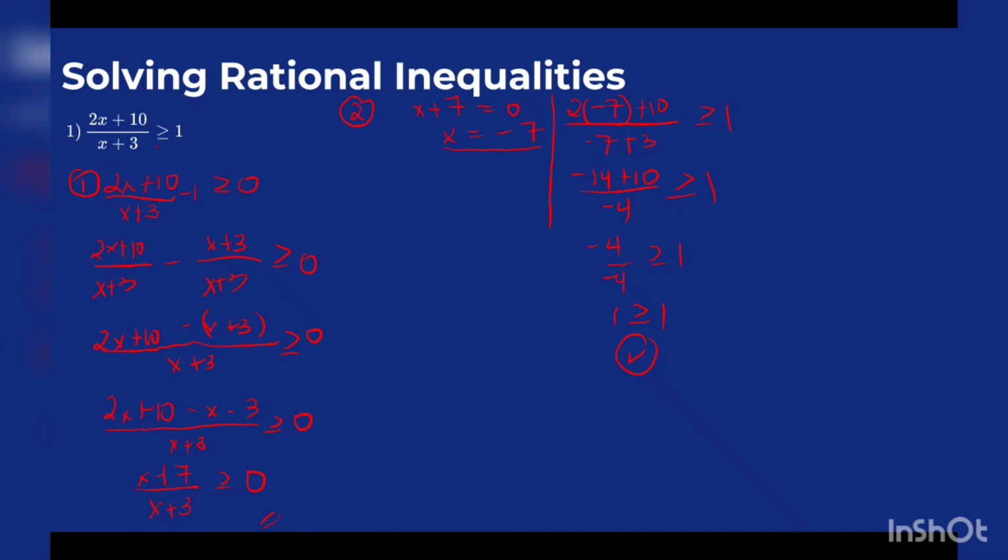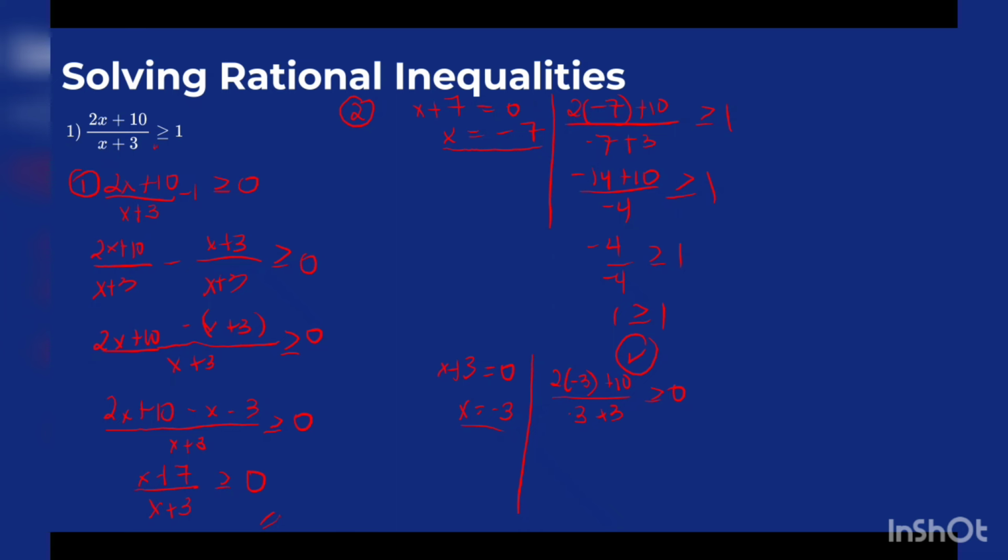Next, we'll do the same thing for the denominator. We have x plus 3 equal to 0. So our critical value here is negative 3. And then we'll check this again. So from the original inequality, just substitute negative 3 and you'll be given 2 times negative 3 plus 10 over negative 3 plus 3 greater than or equal to 0.